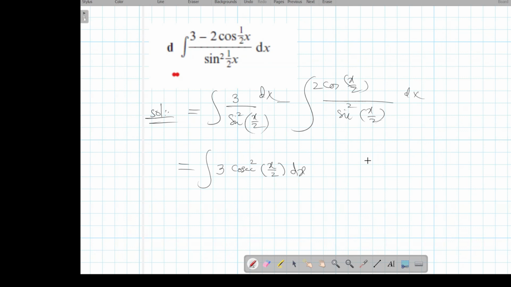It is minus cot, right? Similarly, let's write this cos over sine squared as cosec times cot.